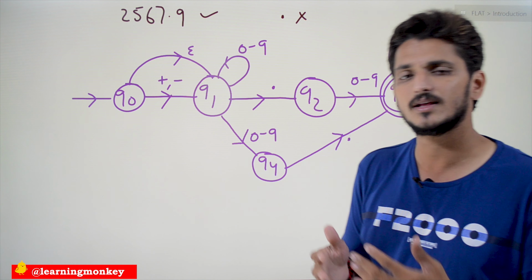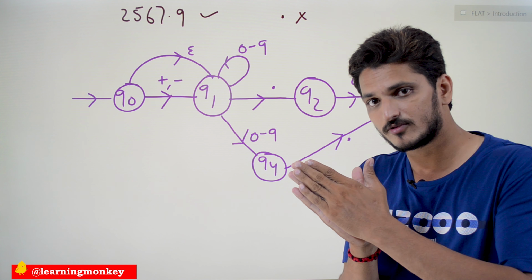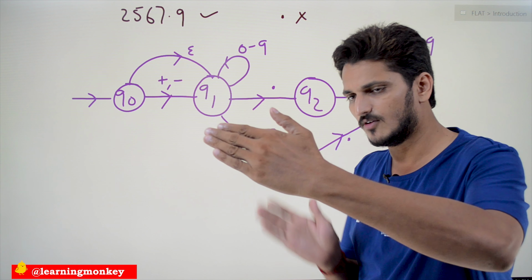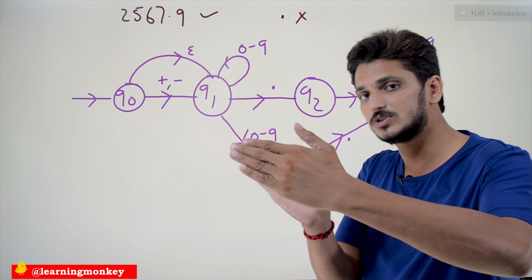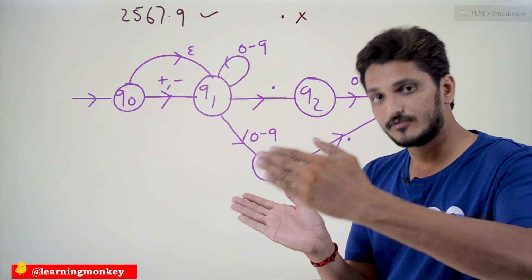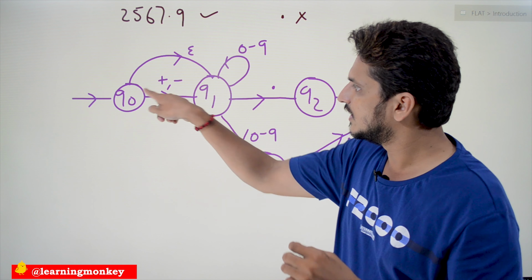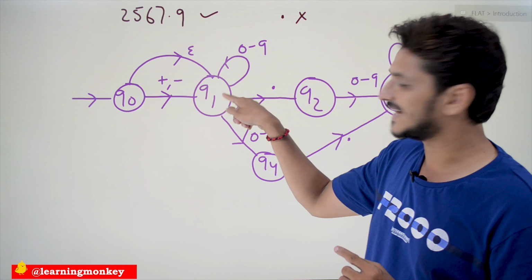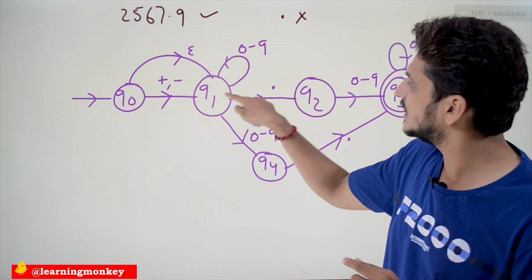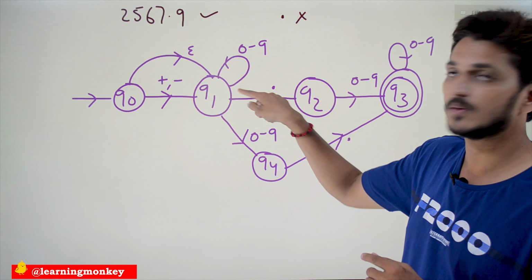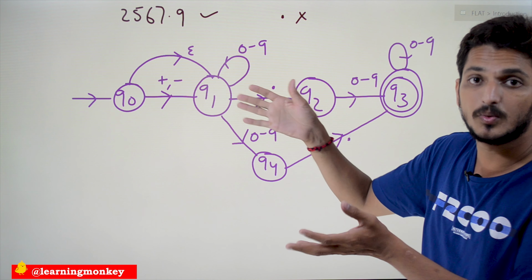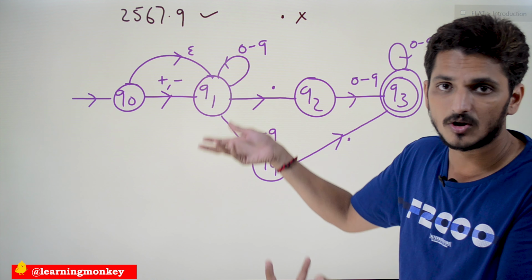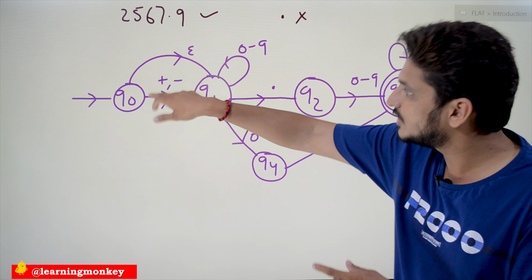It means one machine applies our first input symbol on the Q0 state, and another machine applies our first input symbol on the Q1 state. If the first symbol is plus, the first machine continues, and the second machine dies, because here we did not mention the input symbol plus. See how simple writing the logic is using epsilon moves. That is the point you have to understand.